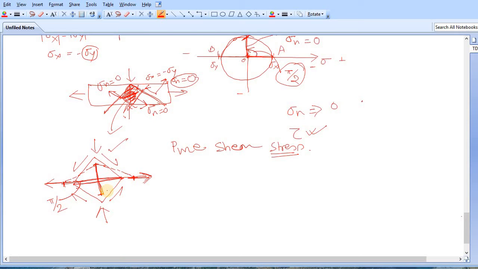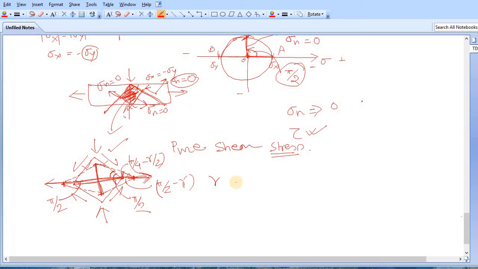All the angles have changed, but as there is no normal stress, none of the sides has changed, only the diagonals have changed. That's why, let's say this angle was previously pi by 2, now it has become pi by 2 minus an angle, let's say gamma, or this half angle, which was previously pi by 4, has now become pi by 4 minus gamma by 2.